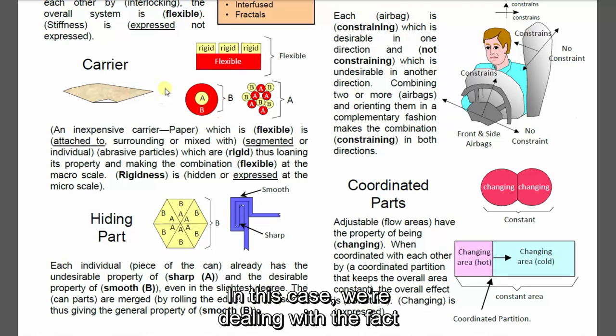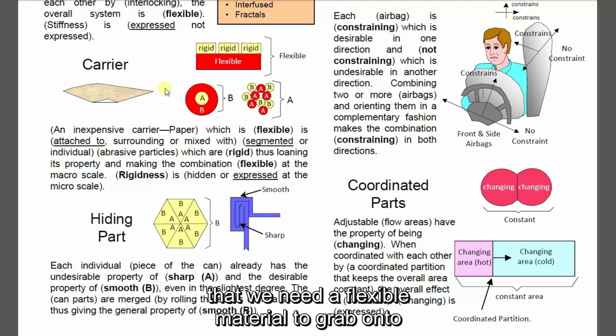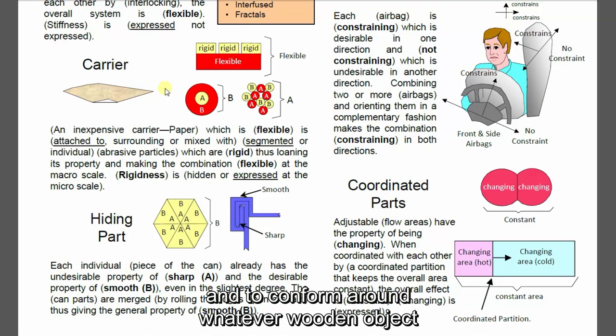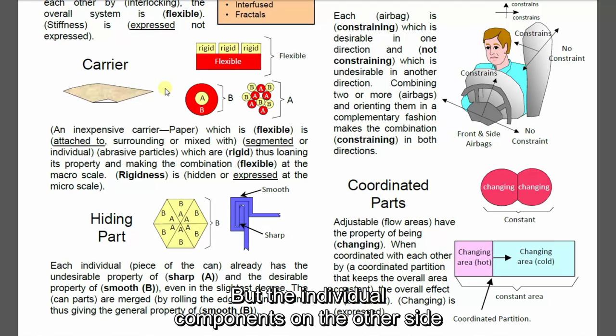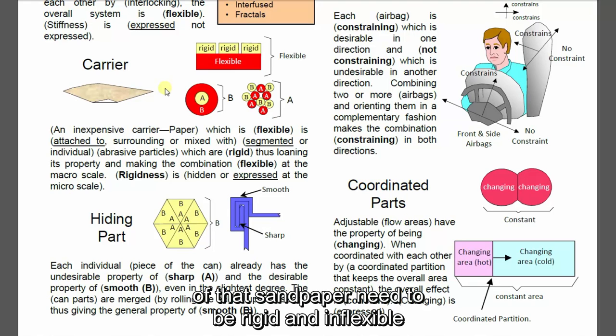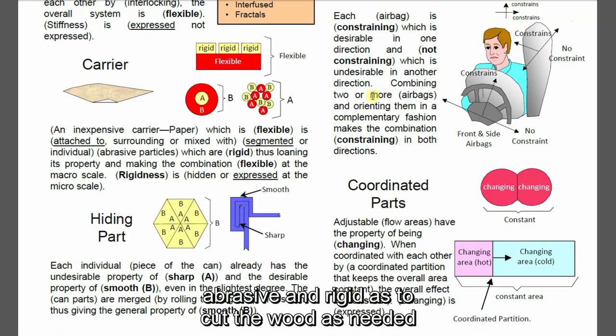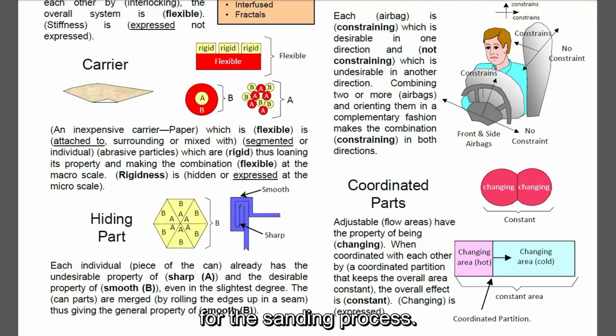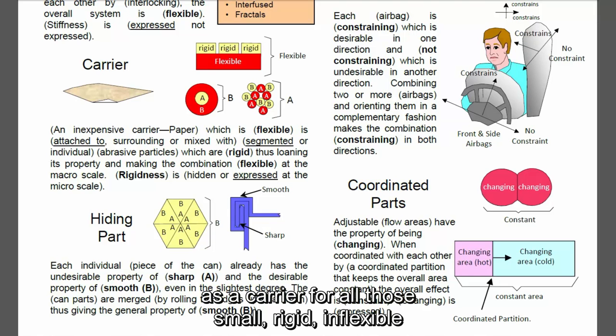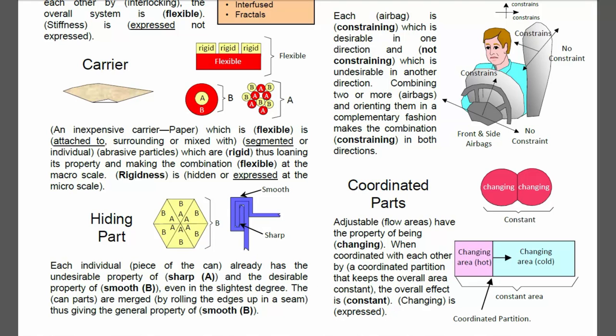In this case, we're dealing with the fact that we need a flexible material to grab onto and to conform around whatever wooden object it is that we're sanding, but the individual components on the other side of that sandpaper need to be rigid and inflexible so as to actually be sufficiently abrasive and rigid as to cut the wood as needed for the sanding process. So in this case, the paper serves as a carrier for all those small, rigid, inflexible pieces.